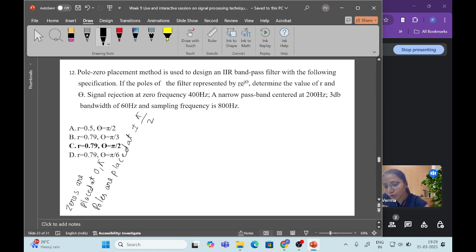To have real coefficients, the poles should be complex conjugates of each other.